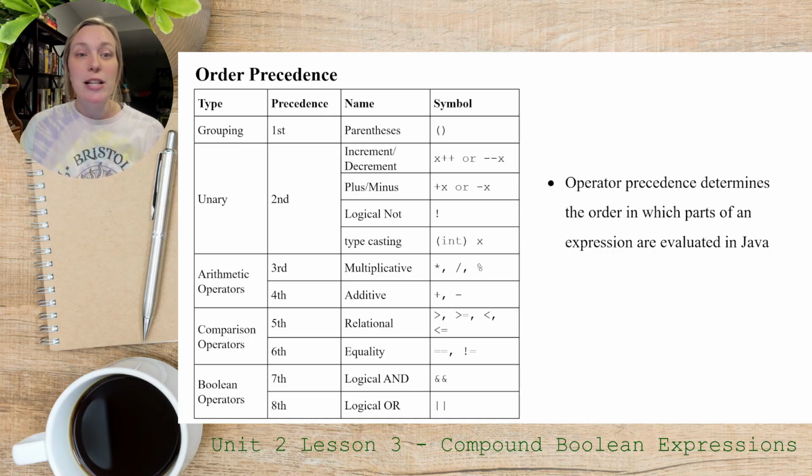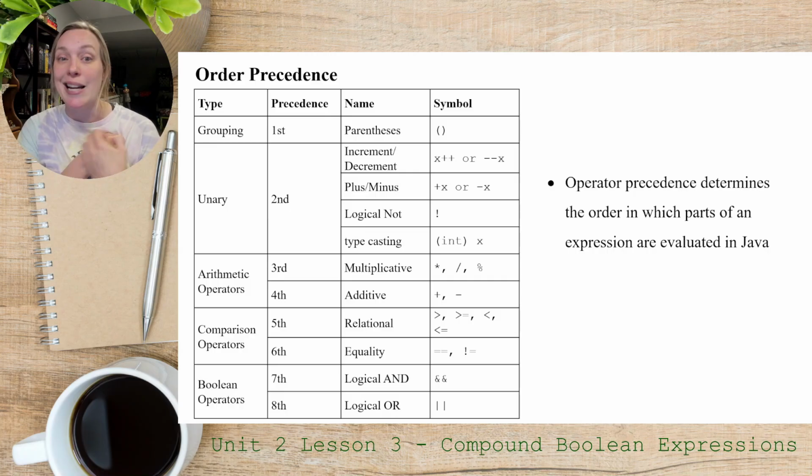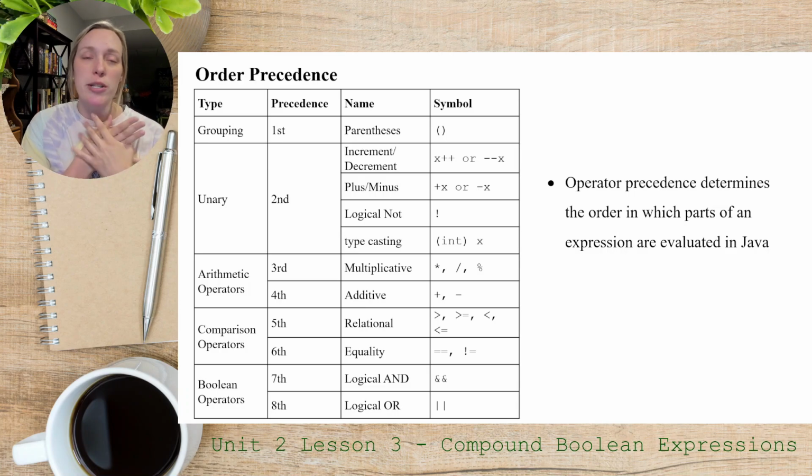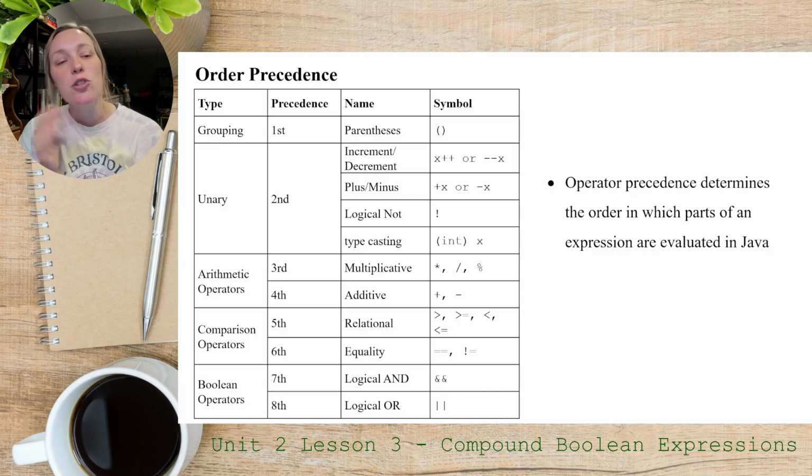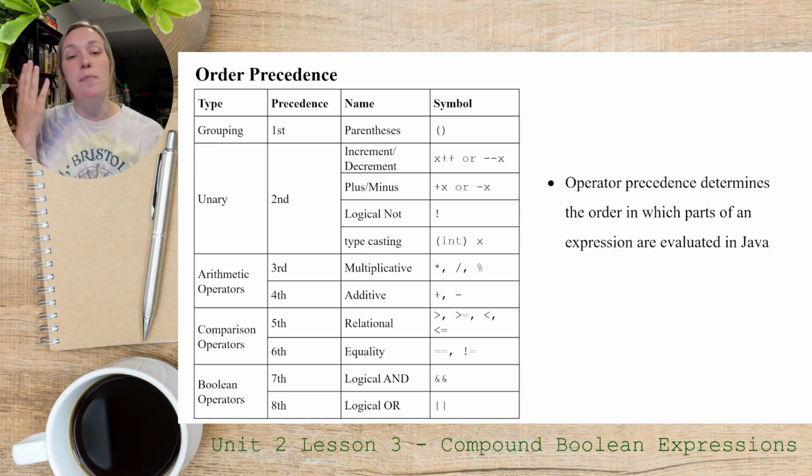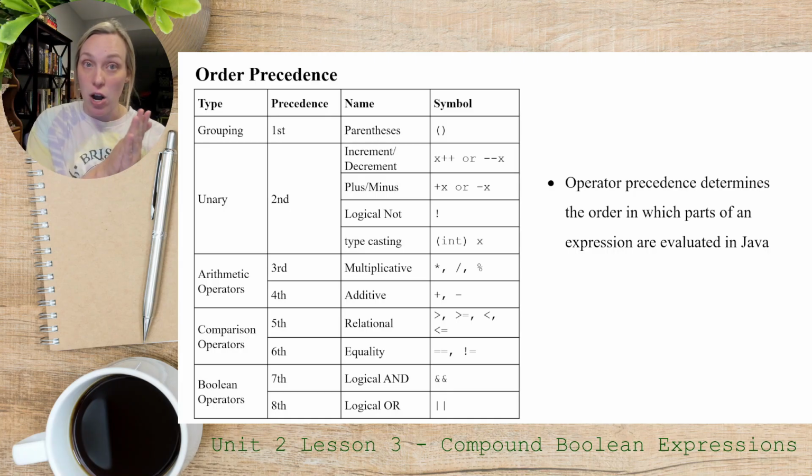Okay. So let's talk about order precedence here. Here is an order precedence table. When we talk about order precedence, it determines the order in which parts of an expression are evaluated in Java. Okay. For the most part, it follows the order of operations that you know, but of course there are a lot more symbols in Java that have been added. Okay, so here's the order precedence with just the stuff that we've gone over.